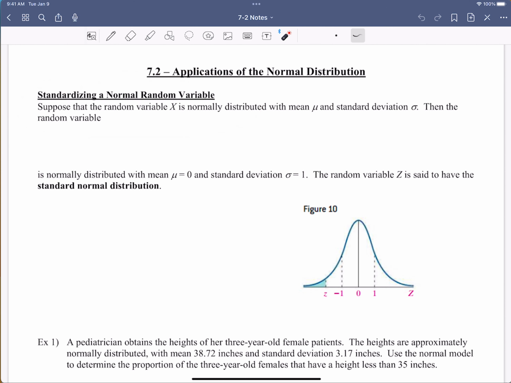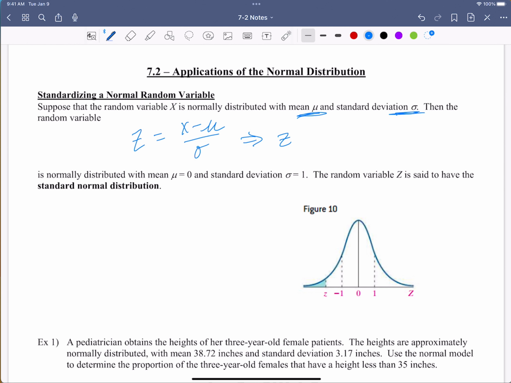Okay? So suppose that the random variable x is normally distributed with a mean, we know that symbol now, and a standard deviation, we know that symbol. Then the random variable z is equal to x minus the mean over the standard deviation. Now here's what this actually means.